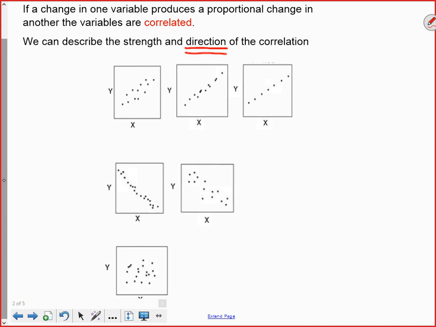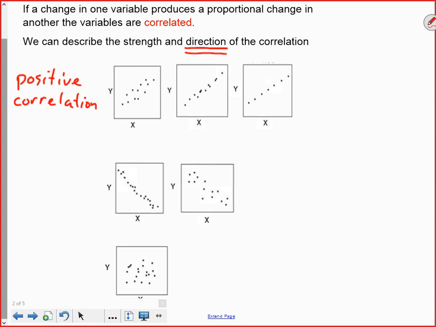In the top row, we have what are known as positive correlations. Because as x increases, as you're going from left to right, y is also increasing. So x increases, y increases, we get a trend that goes up and to the right. This is what's called a positive correlation.